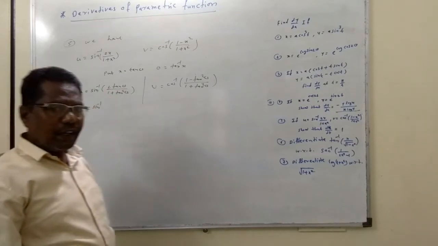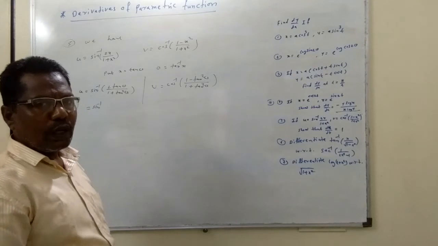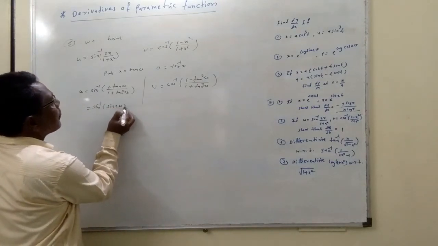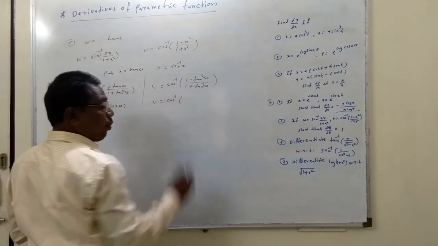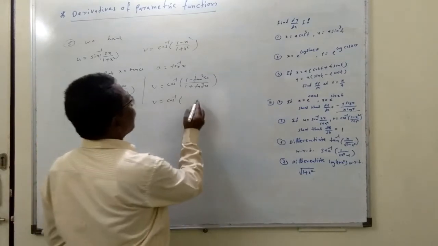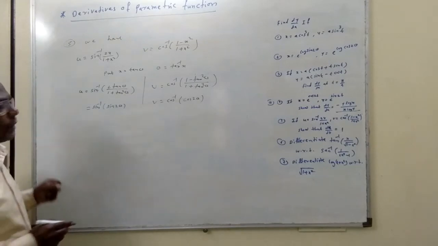You know the sin 2 theta formula in terms of tan: sin 2 theta is 2 tan theta upon 1 plus tan square theta. So we can write sin 2 theta. Similarly, cos 2 theta is equal to 1 minus tan square upon 1 plus tan square. So we can write cos 2 theta. That is our requirement.